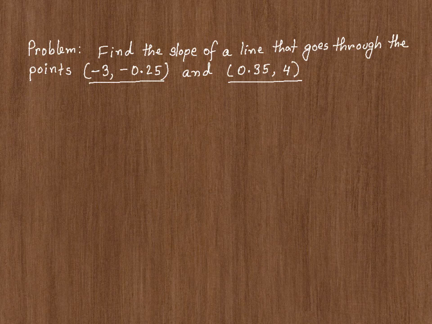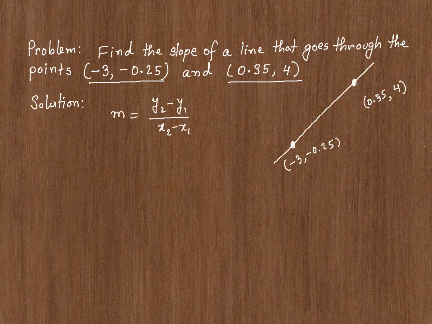here. Let's get started. To find the slope of a straight line, we need to use the slope formula, which is m is equal to y2 minus y1 divided by x2 minus x1. Now I have taken the given points and labeled them right here and created a sketch.